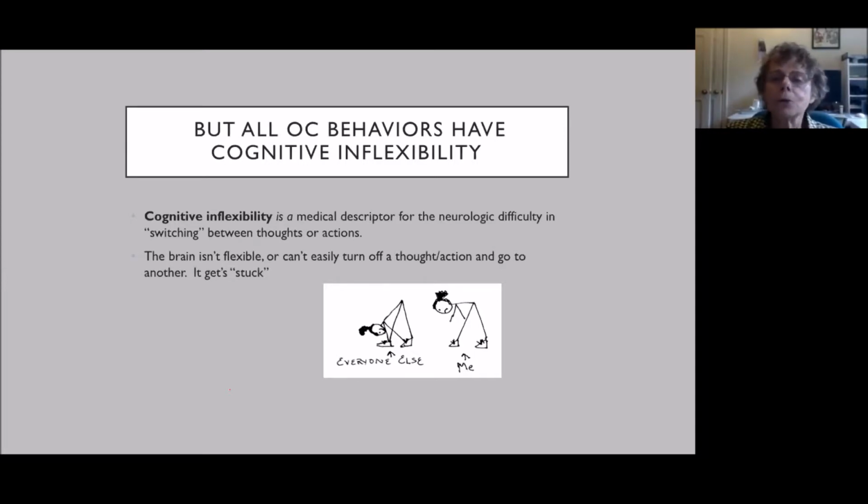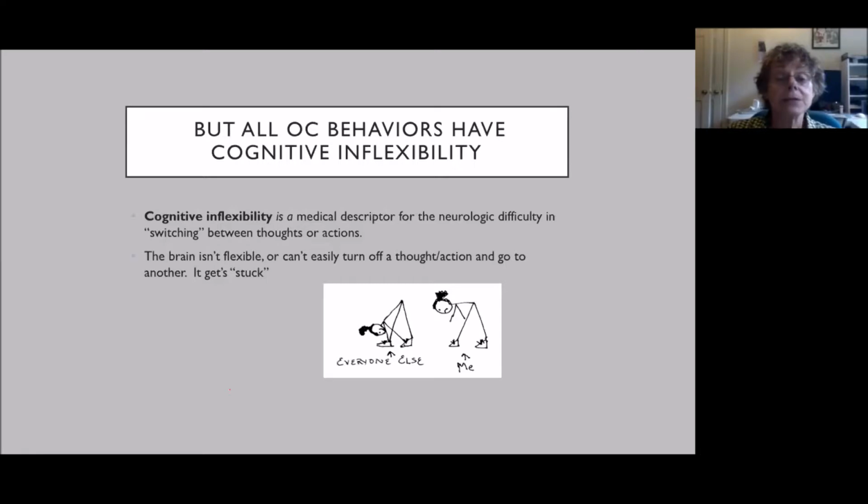All OC behaviors have, and I like this concept, cognitive inflexibility. And that's a medical description for the neurologic or brain difficulty in switching, going from one thought or action to another. How flexible are we in doing that?